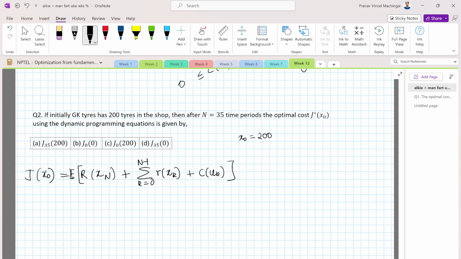This is the cost that you want to minimize, or I can call this the total cost actually.